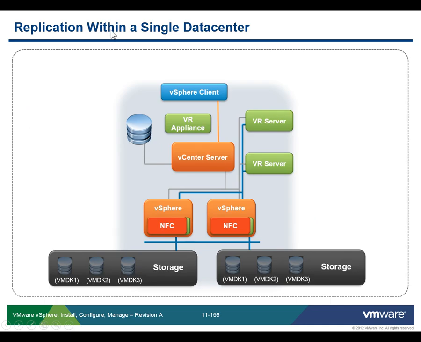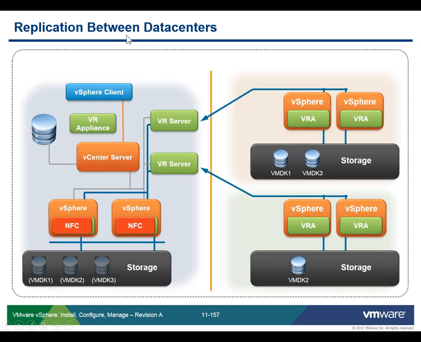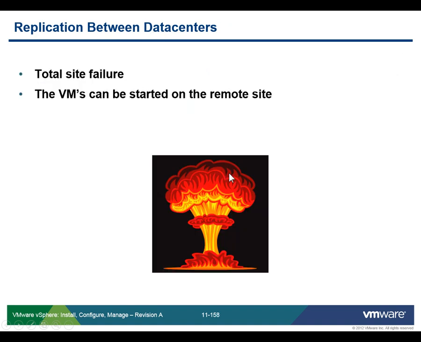You can have replication within a single data center from one disk array to the other, or you can have replication between different data centers. And that way, even if you have a total site failure, the virtual machines can be started on a remote site.